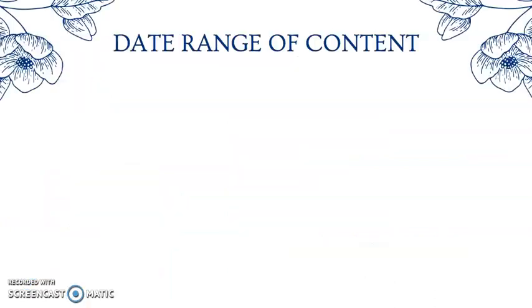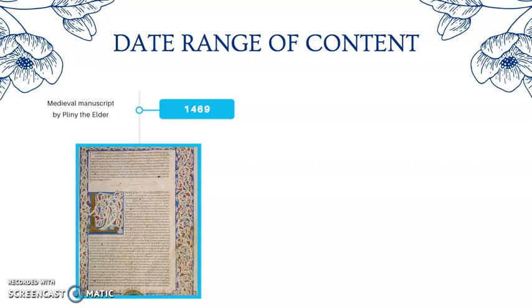So, how far back do these materials go? The oldest item in the BHL's database is from 1469 and is an illuminated medieval manuscript that is a copy of Pliny the Elder's Naturalis Historia, which is a scientific encyclopedia dating back to about 50 AD.